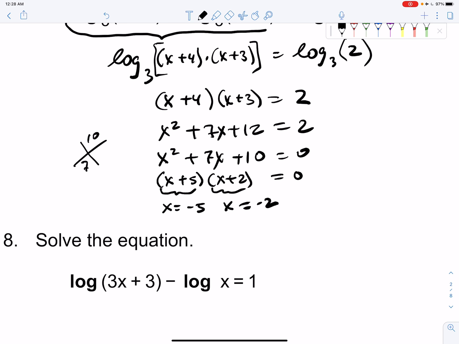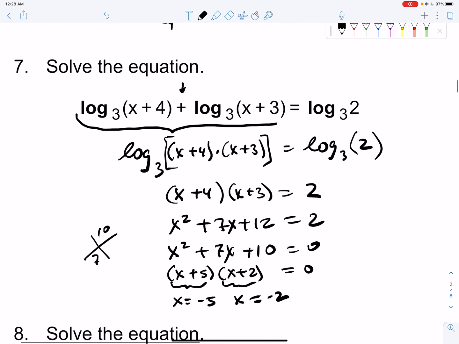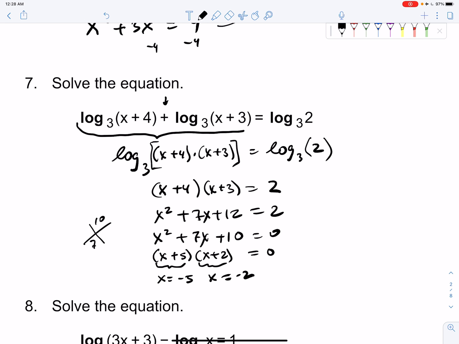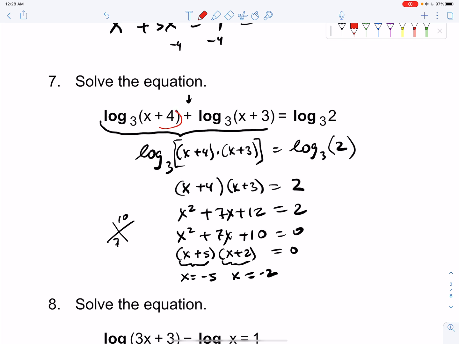Now you might think I can't have any negatives for an answer, but wait a minute, what actually is the domain? Let's go back and check it. Let's check this one right here over and do our work over here to the left. That's basically just saying x plus 4. That whole argument expression must be greater than 0, and when I solve by subtracting 4 on both sides, x must be greater than negative 4.